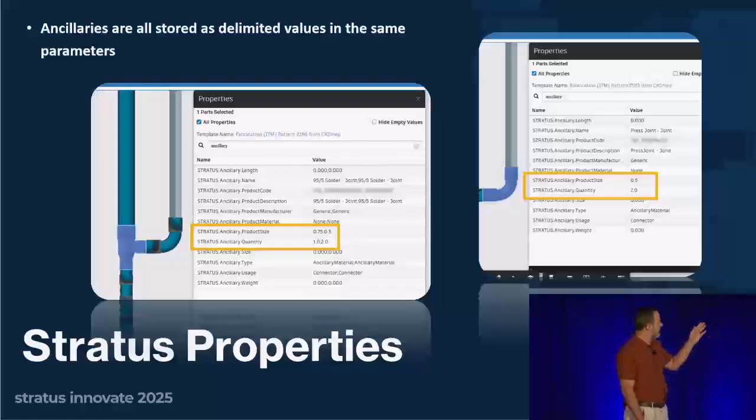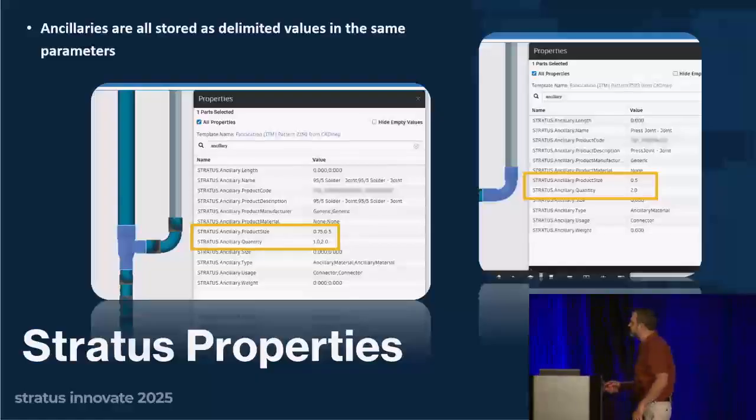You can see I've got a 0.75 product size and then a delimiter and then a 0.5 product size. So quantifying this in Stratus is a little bit frustrating, and Jonathan has created some fields for us to iterate over these delimited fields and total them up.